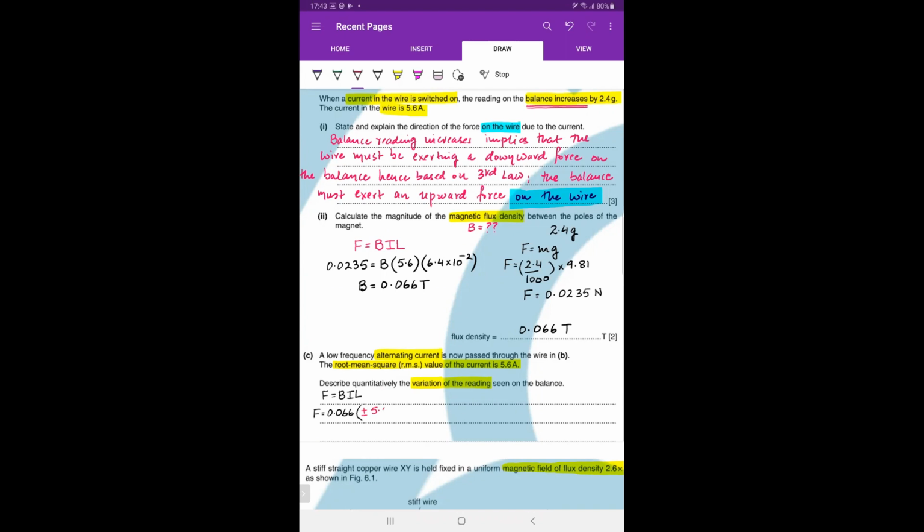And 5.6 needs to be multiplied by root 2 as well. The terms of relevance are written with the red marker: plus minus to signify alternating current, and multiplied by root 2 to get the peak value. Everything else stays exactly the same.